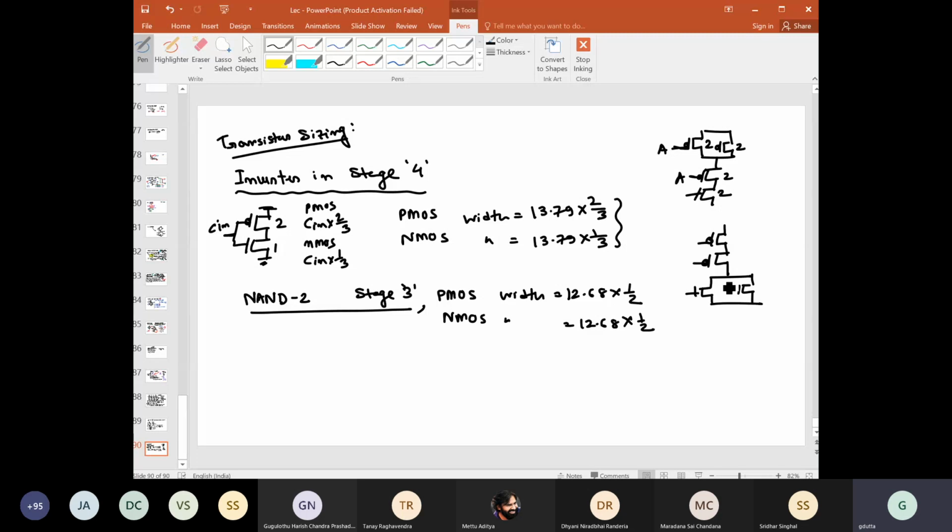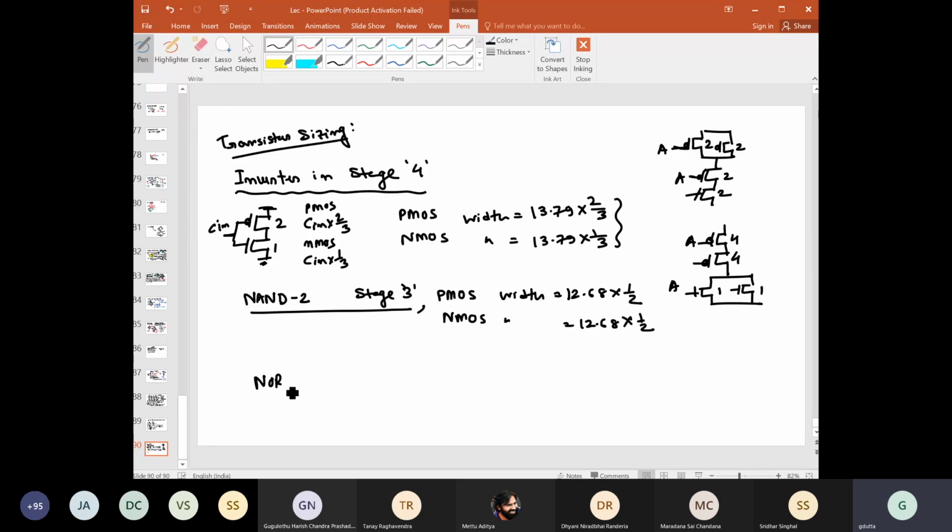Now suppose this is A and this is A. If you consider the total widths here, it should be 4 and 4 for the PMOS, and 1 and 1 for the NMOS, right? So here you can see the PMOS and NMOS capacitance will be divided in a 4:1 way. So the widths will also be divided 4:1, in that fashion.